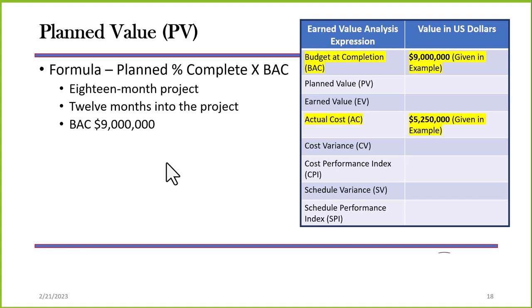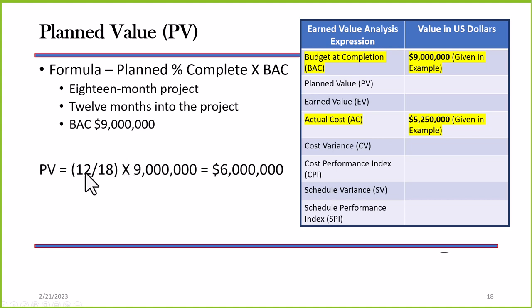So to calculate the plan percent complete, I would divide 12 by 18 and then multiply that times the BAC, which is $9 million. And that says my planned value is $6 million.